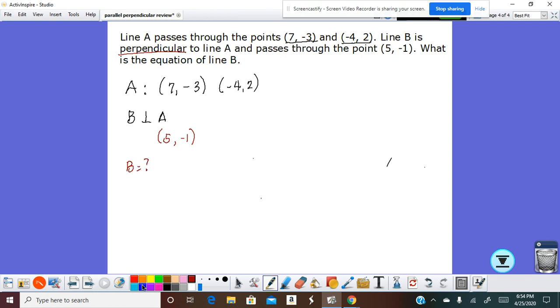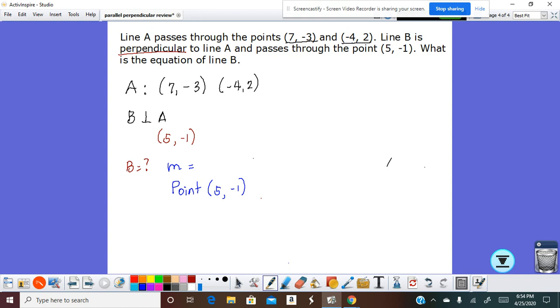Again, to write down the equation, we need the slope of the line and a point. We know a point on B, which is (5, -1). So all we need to do is find the slope.